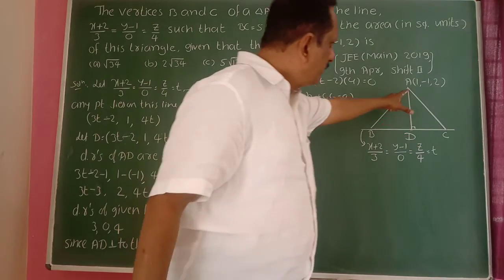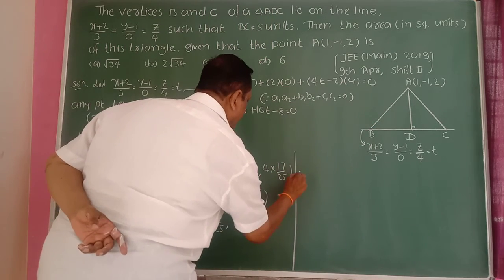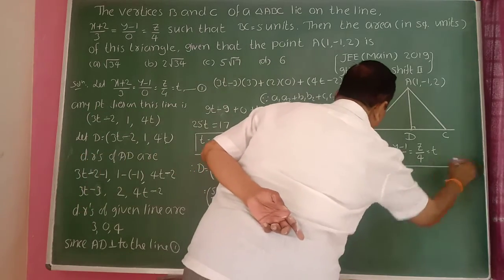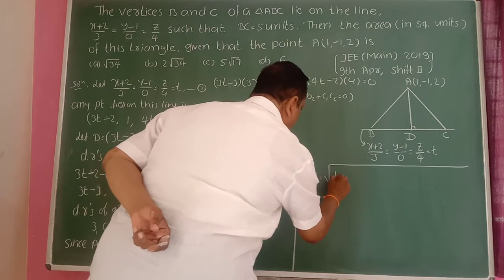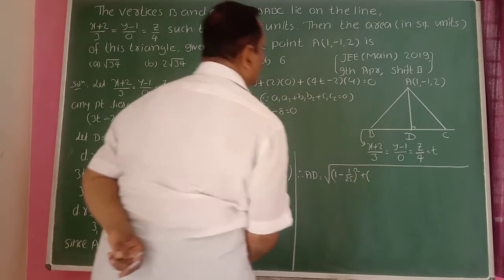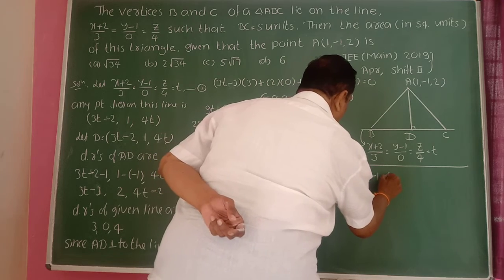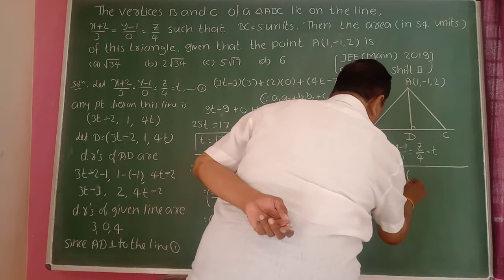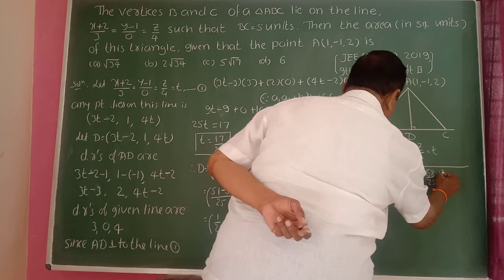Next, use the distance formula for AD, the height or altitude of the triangle. AD is given by the square root of (1 minus 1/25) squared, plus (-1 minus 1) squared, plus (2 minus 68/25) squared.